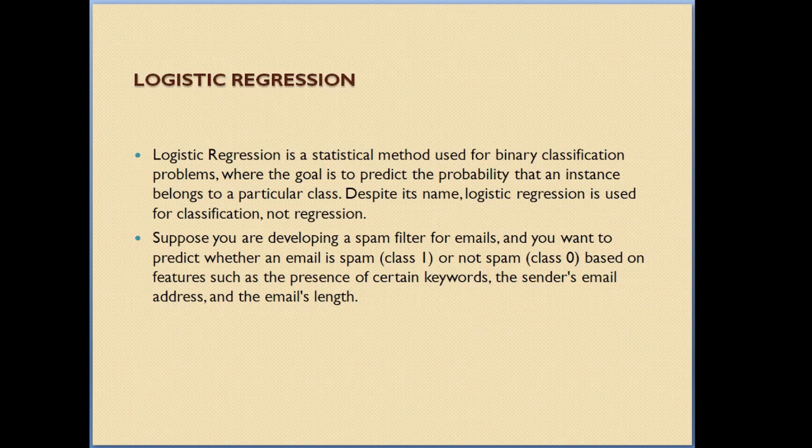Here too, when we predict whether an email is spam or not, you can see that it is a categorical thing, either 1 or 0 based on the features. So for that instance we have to predict the probability of the email being spam or not, so that it could belong to a particular class, and we can say that the email is spam or the email is not spam.